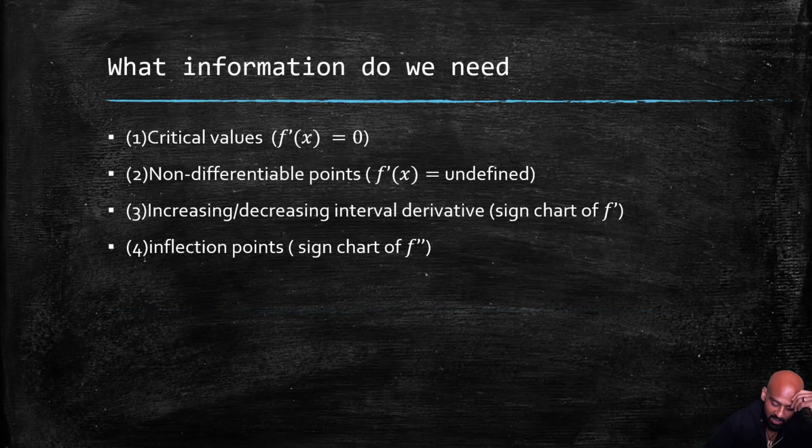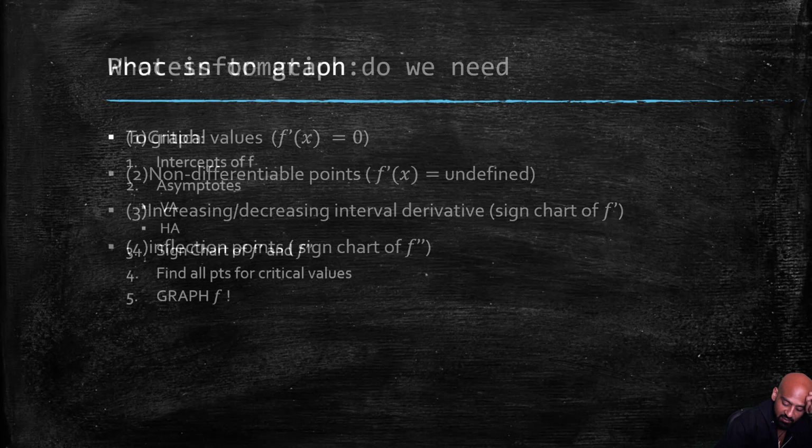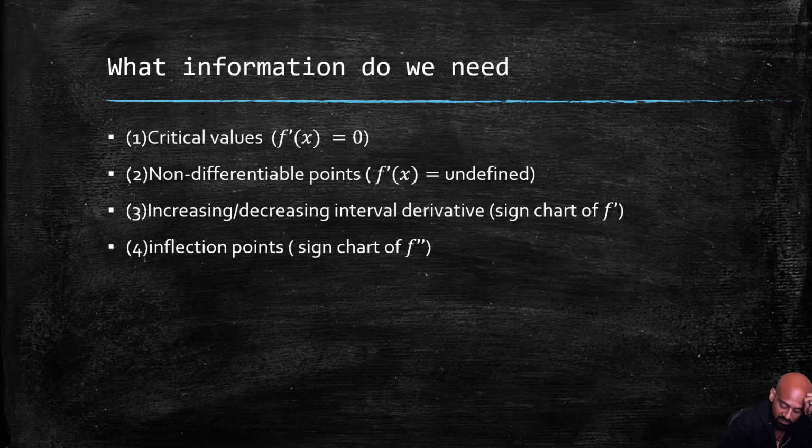So if you look at it, the information we need is basically all of the information for the first derivative and the second derivative. Each one of these has its own specifics. The critical values are just the zeros for the first derivative.